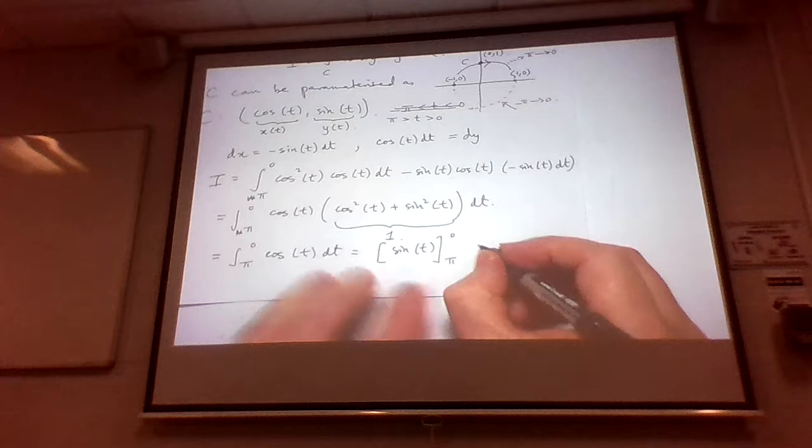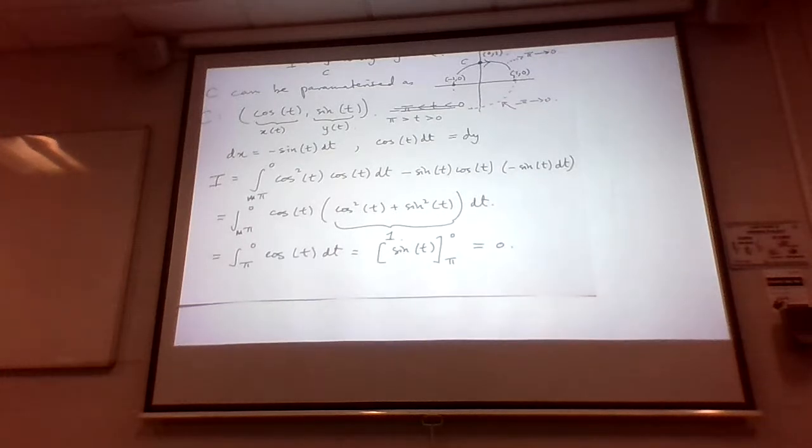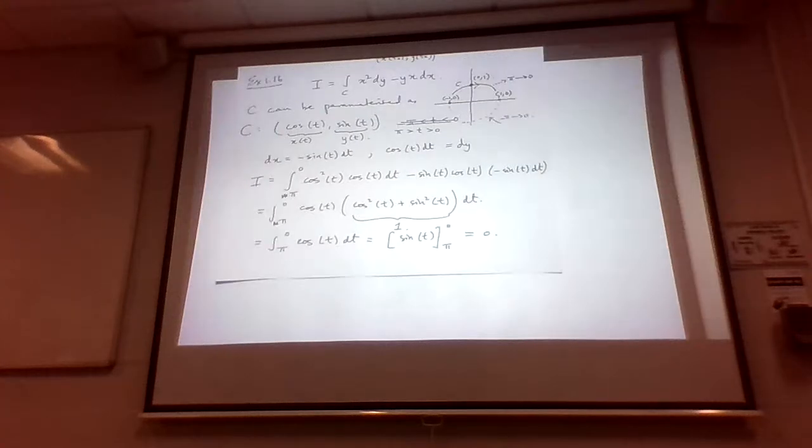So in total we've got 0, because sine of 0 is 0 and sine of pi is 0 as well. But it demonstrates the way parameterization can be used to evaluate and compute these integrals as well.